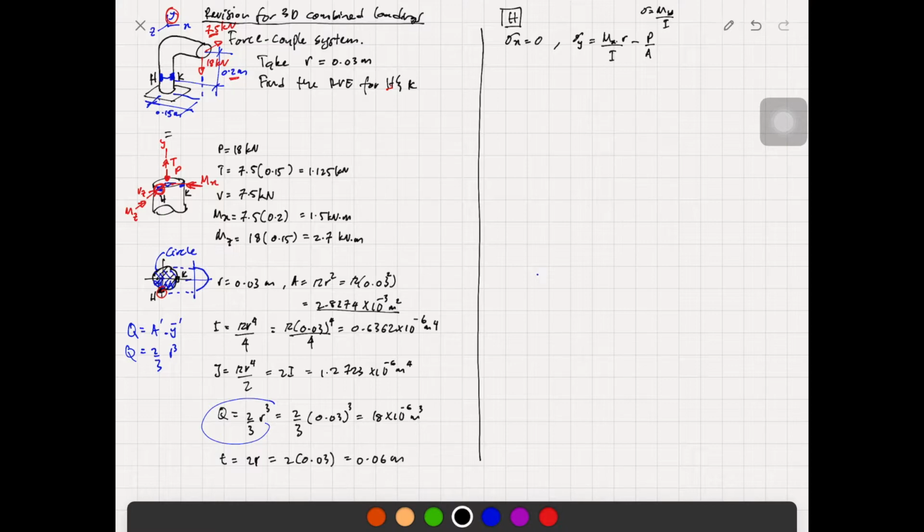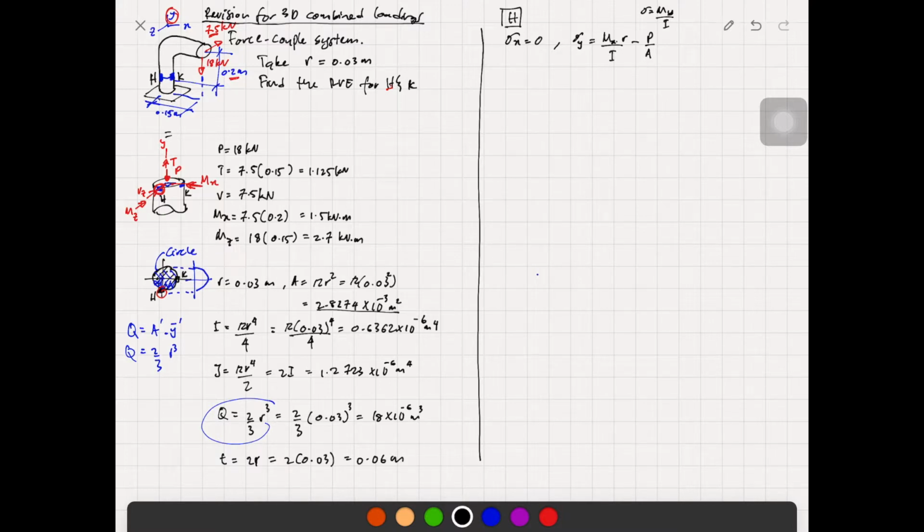And there is another element of stress: moment x, which is trying to resist that normal stress upward.